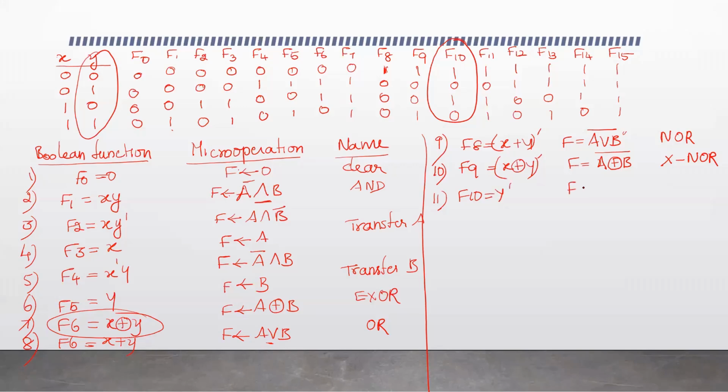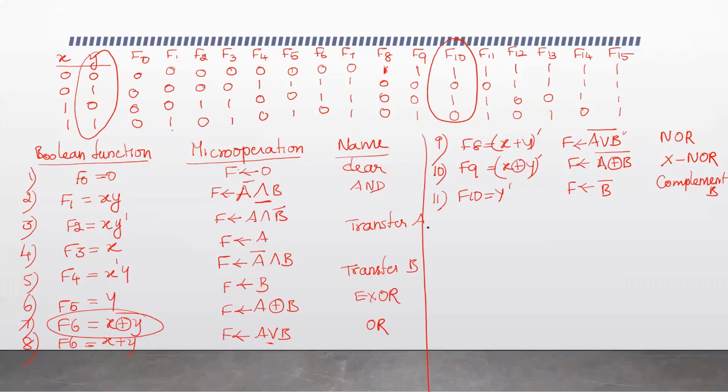So the function is Y complement. It's not Y here, B complement. And the name of the function is complement B.